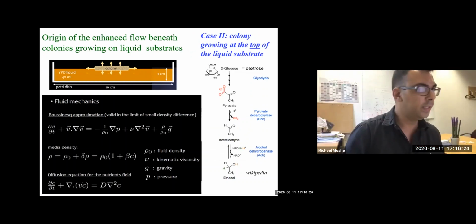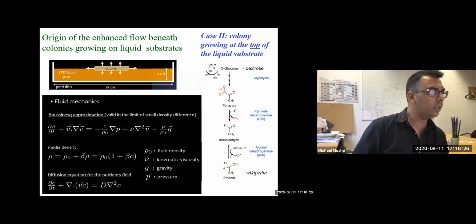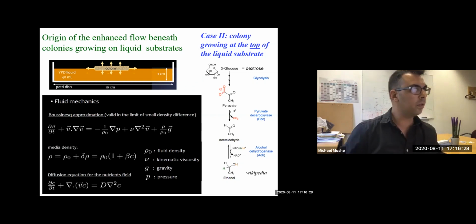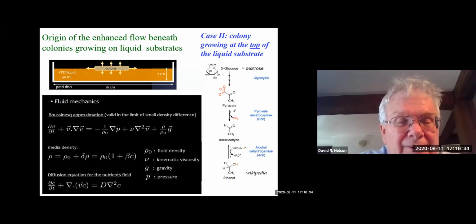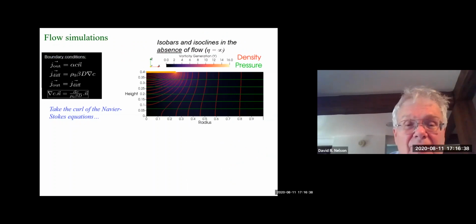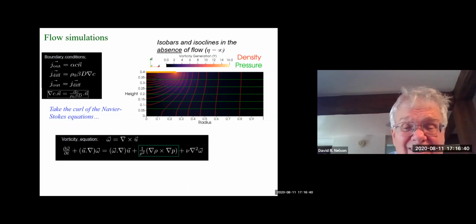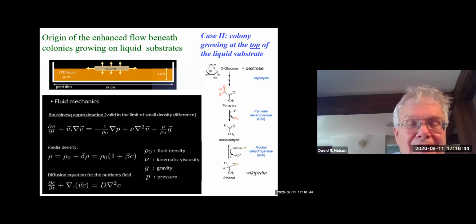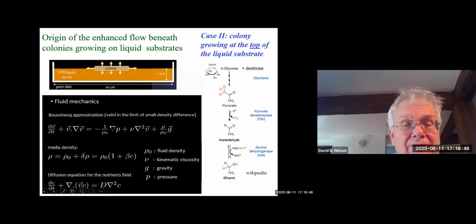Yes, I guess. So Andre asks, is the vector symbol over nabla meaningful, or is it just a notation issue? Okay, let me just make sure. It's the usual nabla, and there shouldn't be a vector symbol over this one. There should be a vector symbol here, a vector symbol here, and we just didn't write them, so I apologize.